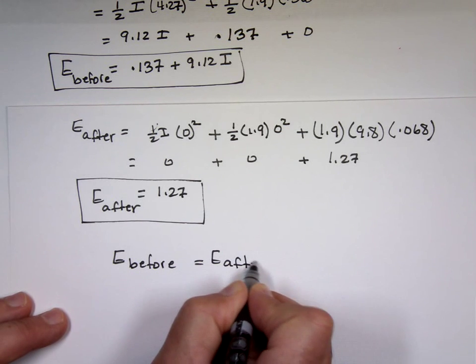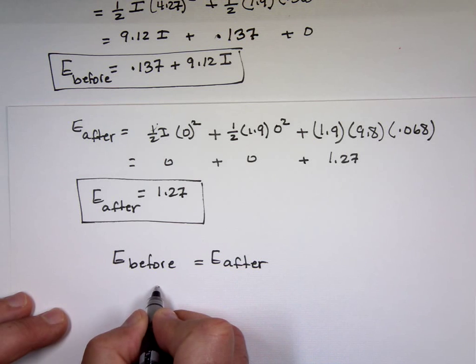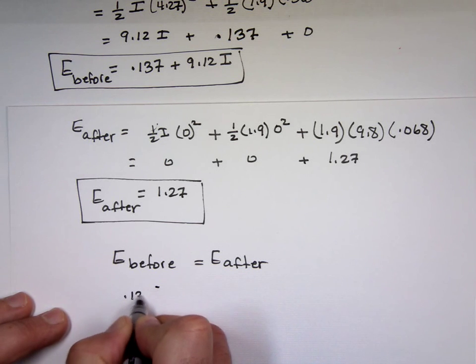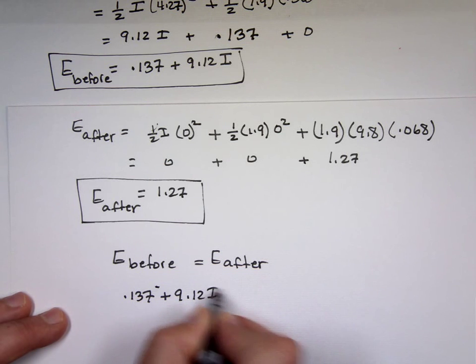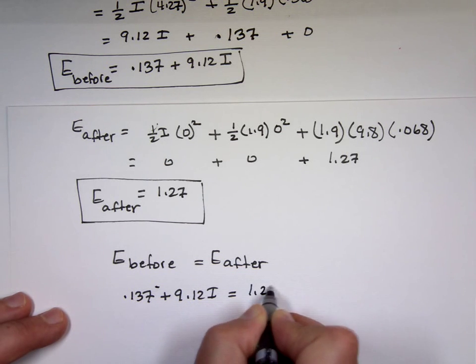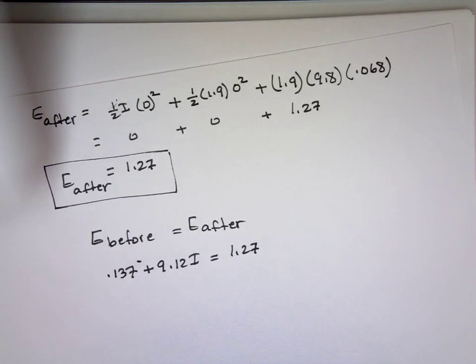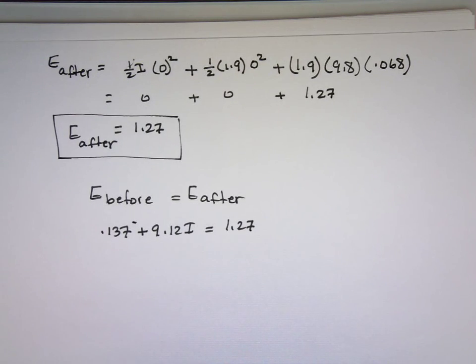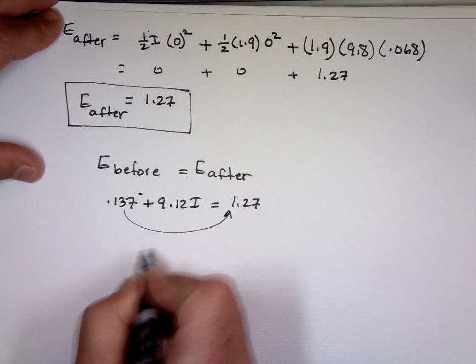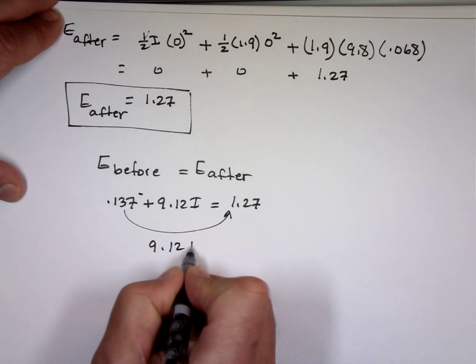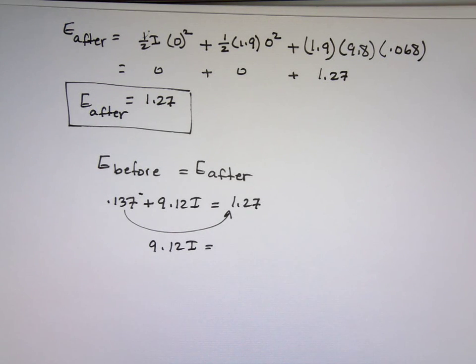E before, 0.137 plus 9.12 I, equals 1.27. And now solve for I. Move this to this side: 1.27 minus 0.137 is 1.13.